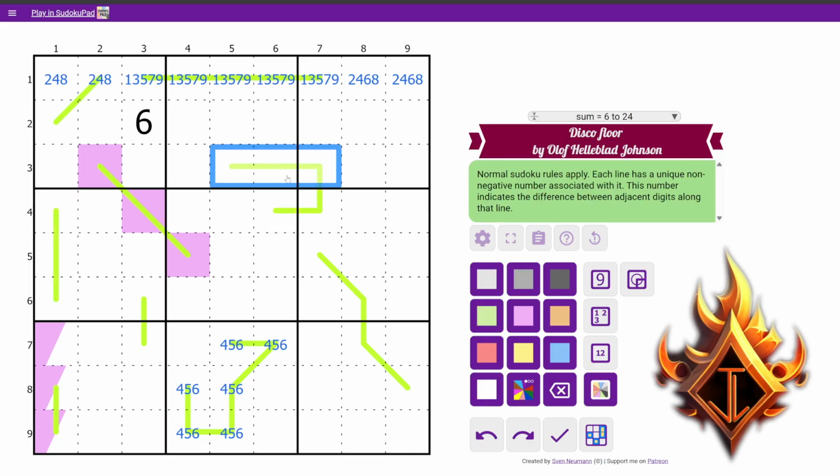If this one is 4, it has to be 1, 5, 9. And then it would go back down or up the other way. But okay. So this one cannot be 8.